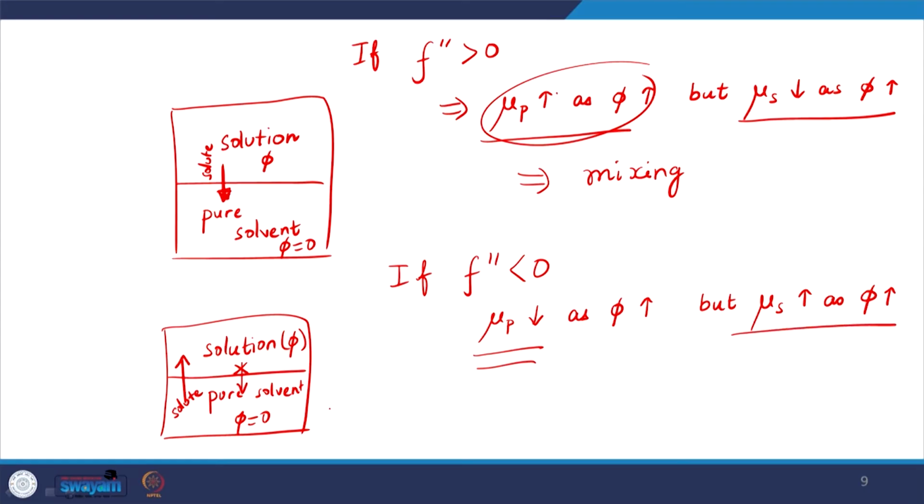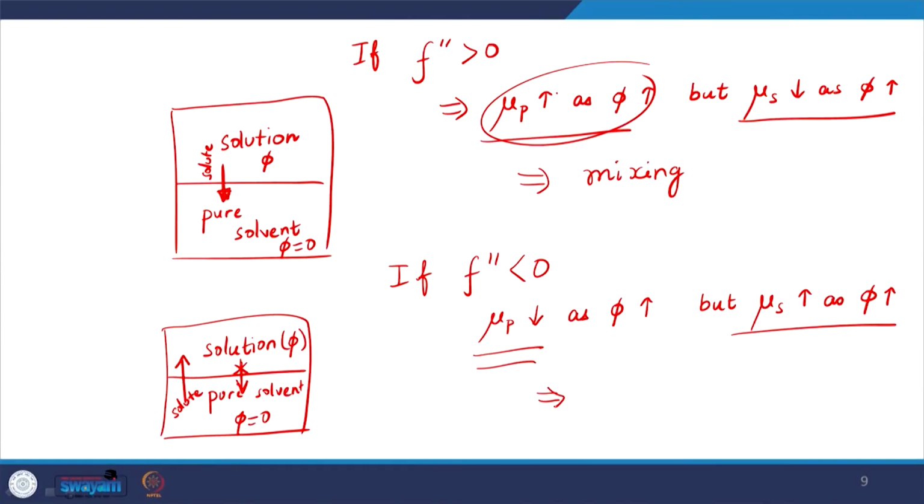So we cannot have a tendency for a solute to go from the solution phase to the solvent phase. Similarly, the chemical potential of solvent also increases as phi increases. So any solute transfer from solution to the solvent will result in an increase in the chemical potential, and that is also not favored. Therefore, the system will have a tendency to phase separate.